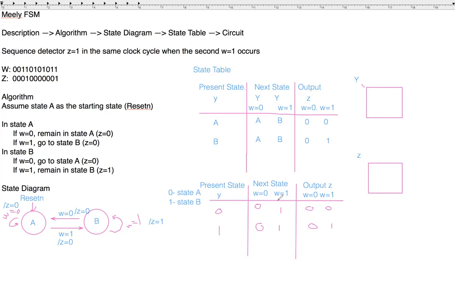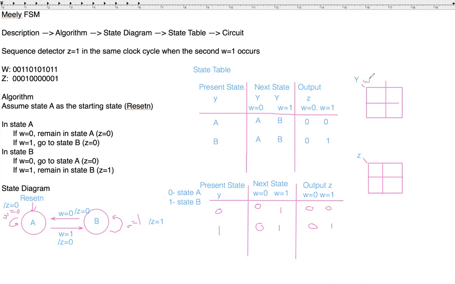And so what we're going to do here is we'll make our table, because remember for the Mealy types, when I did this Z, remember how it connected back from the first combinational block? That's why it's dependent on the present inputs as well.